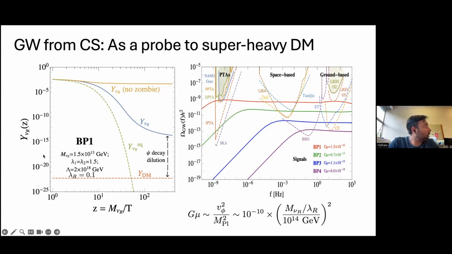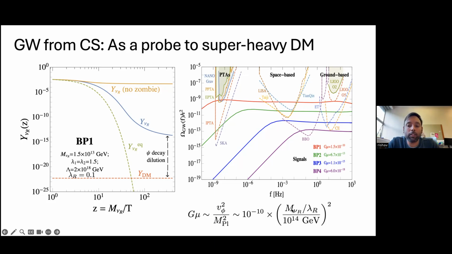Now this showed how we can probe this heavy dark matter using gravitational waves generated from cosmic string. The idea was fairly simple. Note that here the dark matter is quite massive, of the order of 10 to the power 13 GeV. One can write the string tension in terms of the breaking scale V phi, and one can reformulate this V phi in terms of the mass of the right-handed neutrino and the Yukawa coupling lambda r.